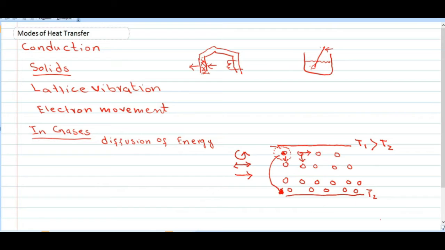The temperature profile of this transfer of energy from high temperature to low temperature in the gas, from the hot plate at temperature T1 to the cold plate at temperature T2, is like this.